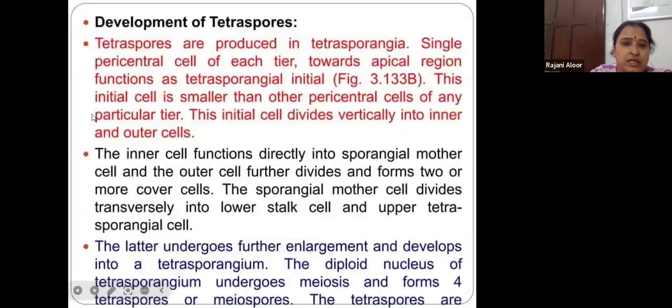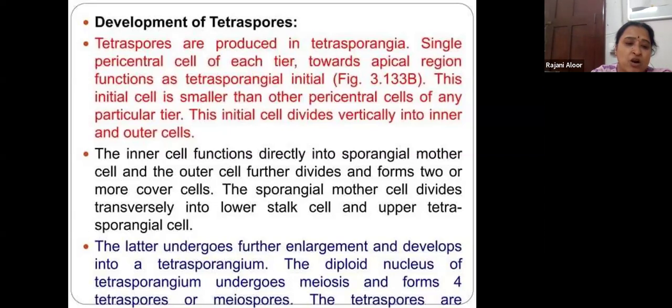How do tetraspores develop? The tetraspores are produced in the tetrasporangia. Here, a single pericentral cell of each type, towards the apical region, functions as the tetrasporangial initial. This initial cell is very small in size. The other pericentral cells are not of any particular style.